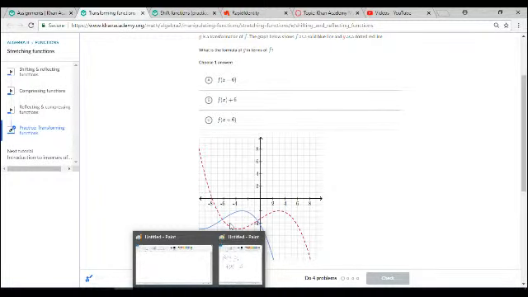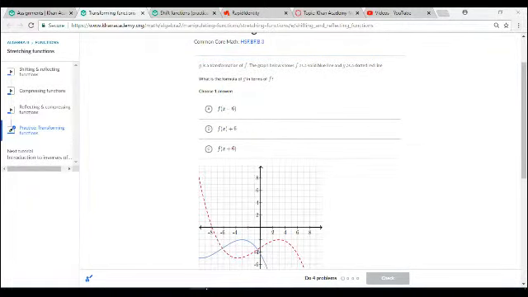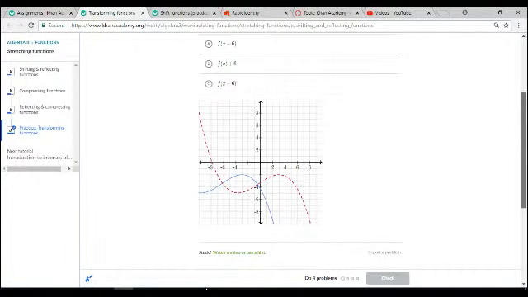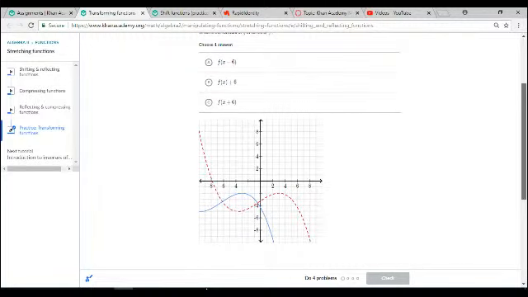Okay, so what is g in terms of f? Alright, so the red function in terms of the blue function, what I see is that we have a little bit of shift. The shift is going to be right 6.